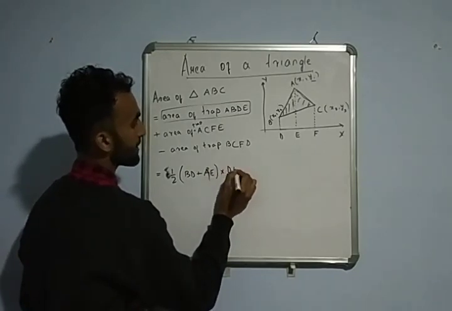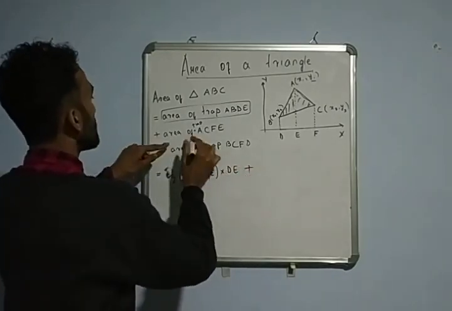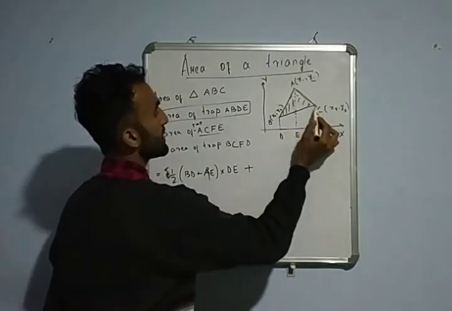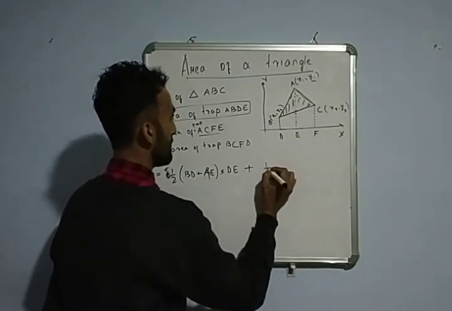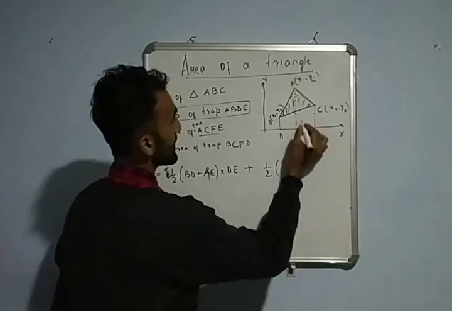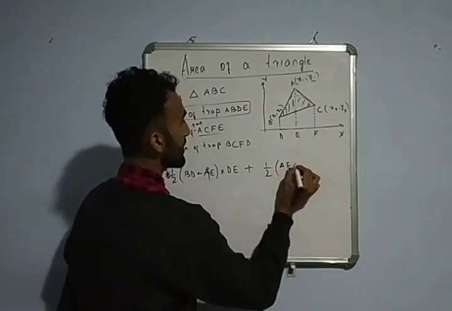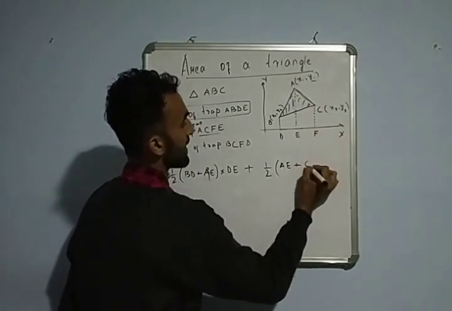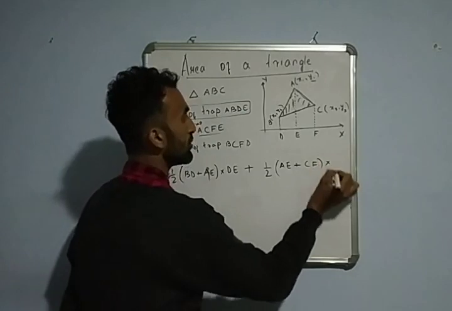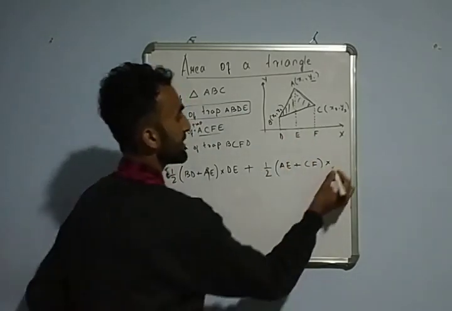Height is DE. Plus area of this trapezium ACFE. Half sum of the parallel sides is AE plus CF into height. Height here is EF.